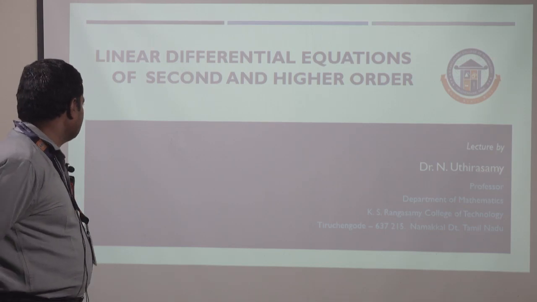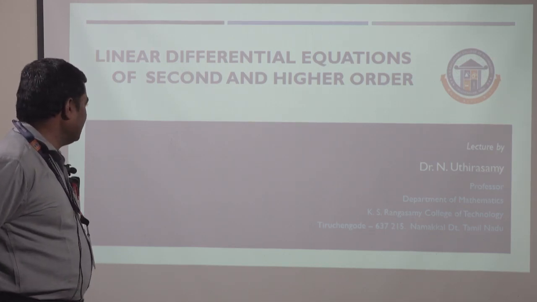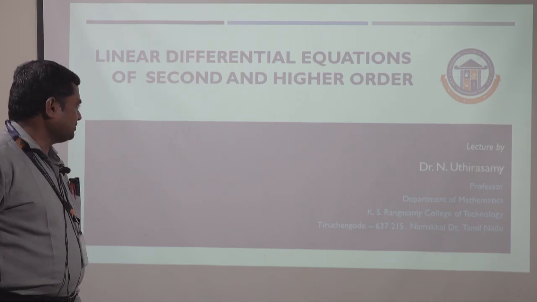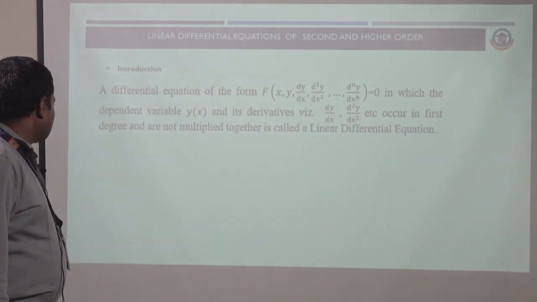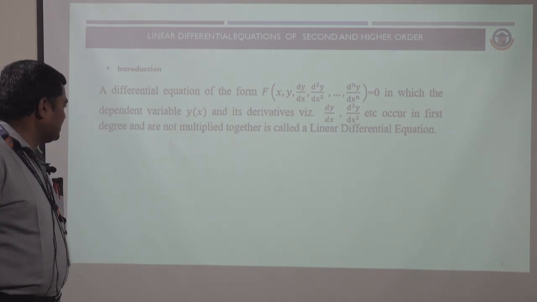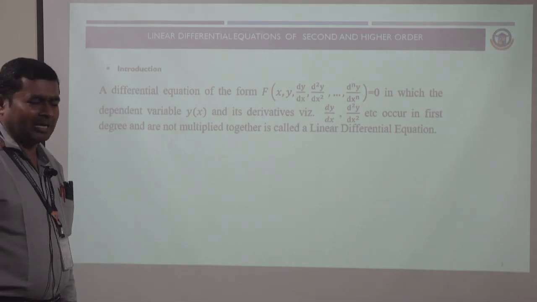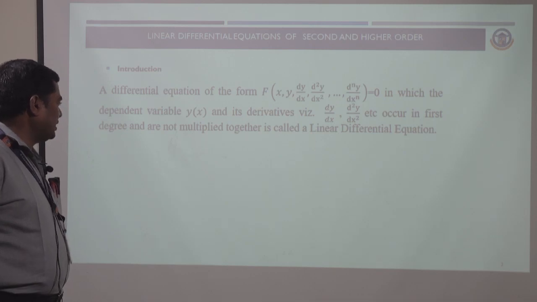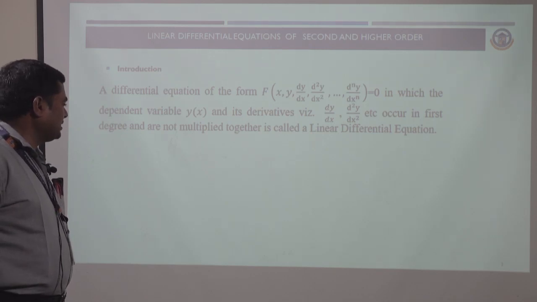In this video, we are going to discuss linear differential equations of second and higher order. First, the introduction: the differential equation of the form f of x comma y comma dy by dx, d square y by dx square, and so on up to d power n y divided by dx to the power n, is equal to 0.